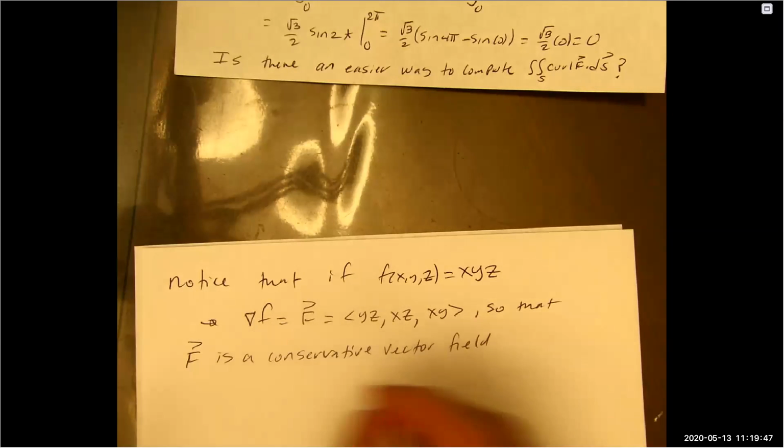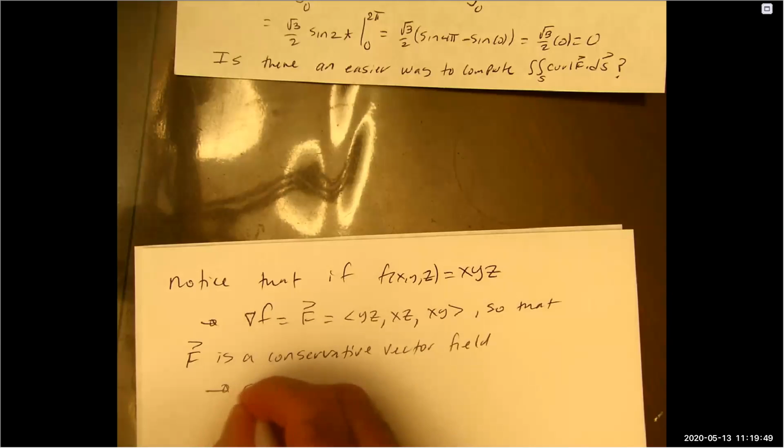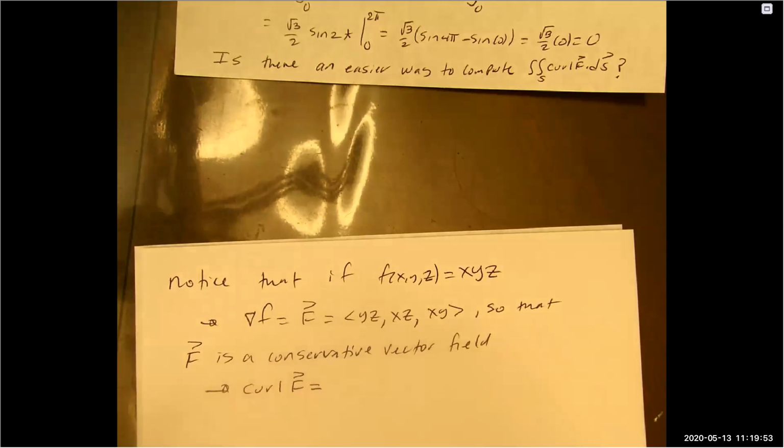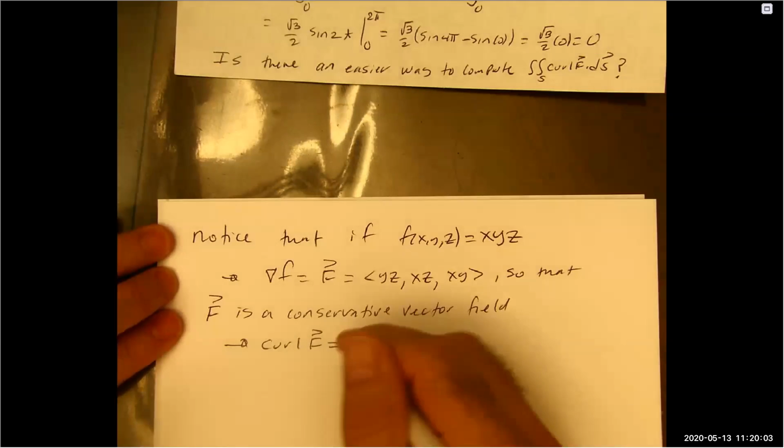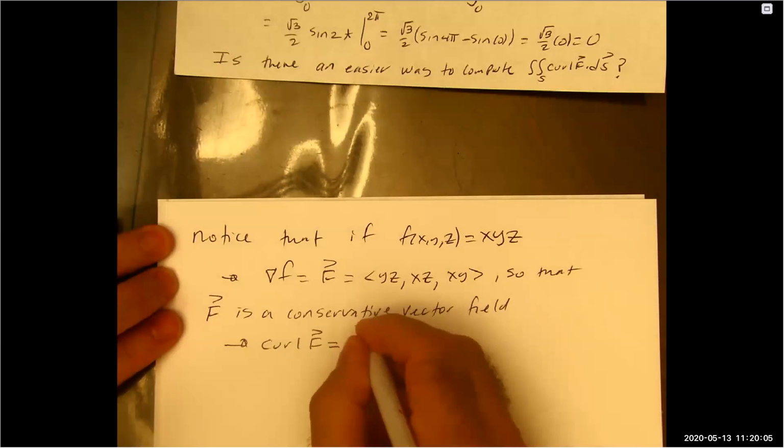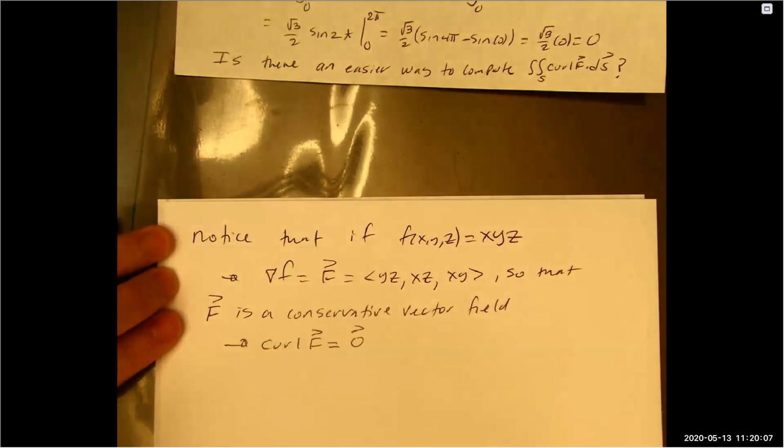And this implies that the curl of F is equal to what? So whenever you have a conservative vector field, what's the curl of that vector field going to be? 0. The zero vector.